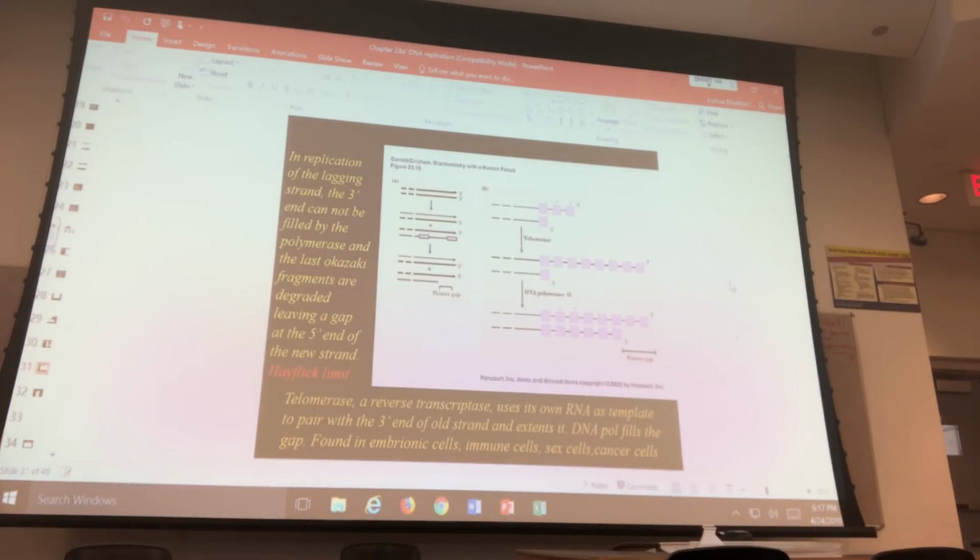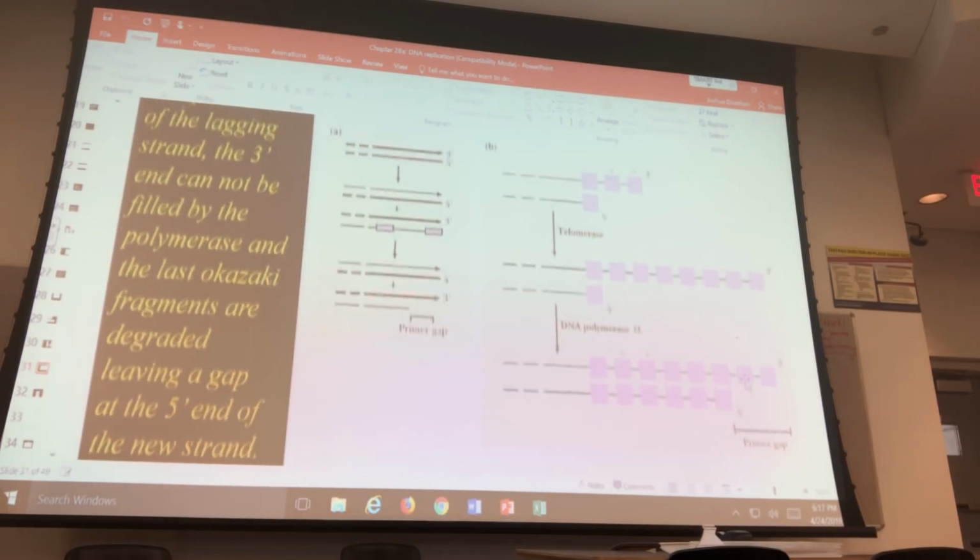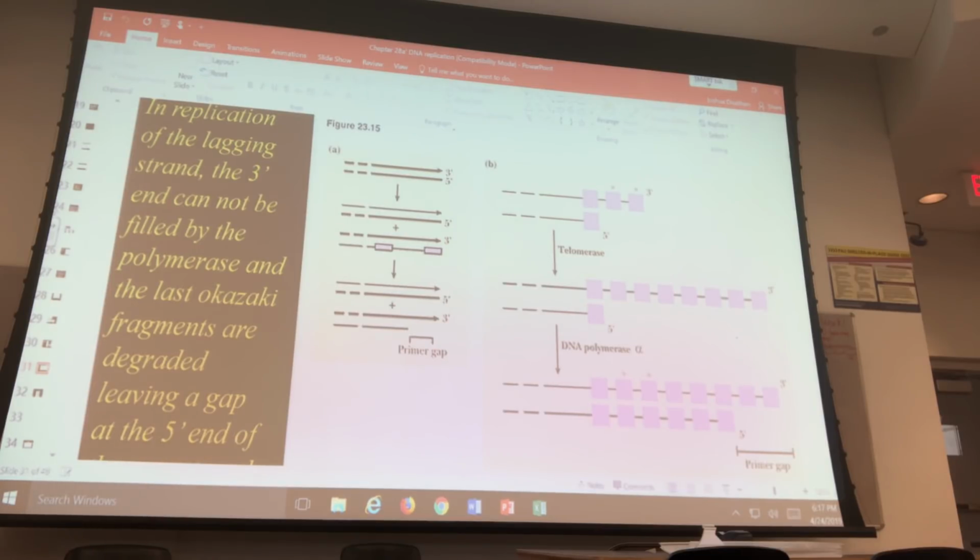Also unique for eukaryotic DNA replication is that some cells have the ability to repair their telomeres. So what are telomeres? Eukaryotic DNA is linear. That comes with some problems: every time DNA is replicated in eukaryotic cells, it will get shorter and shorter.